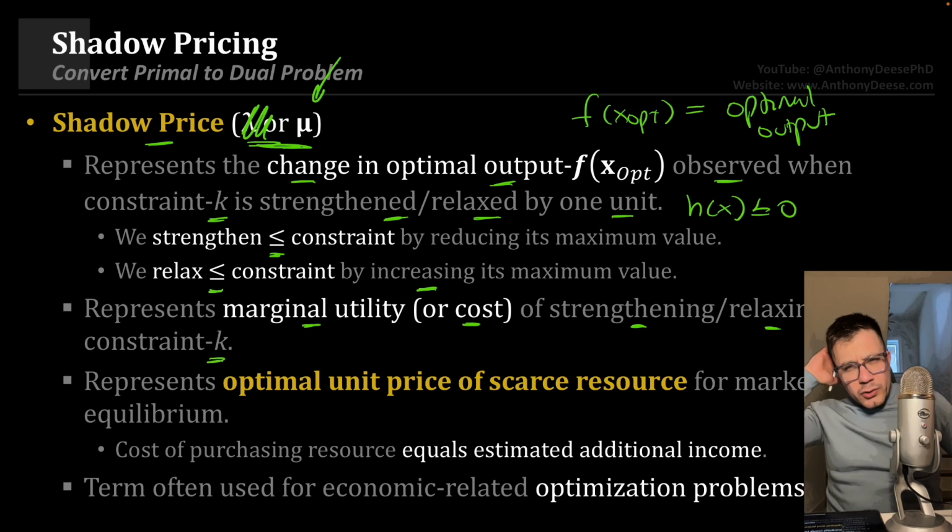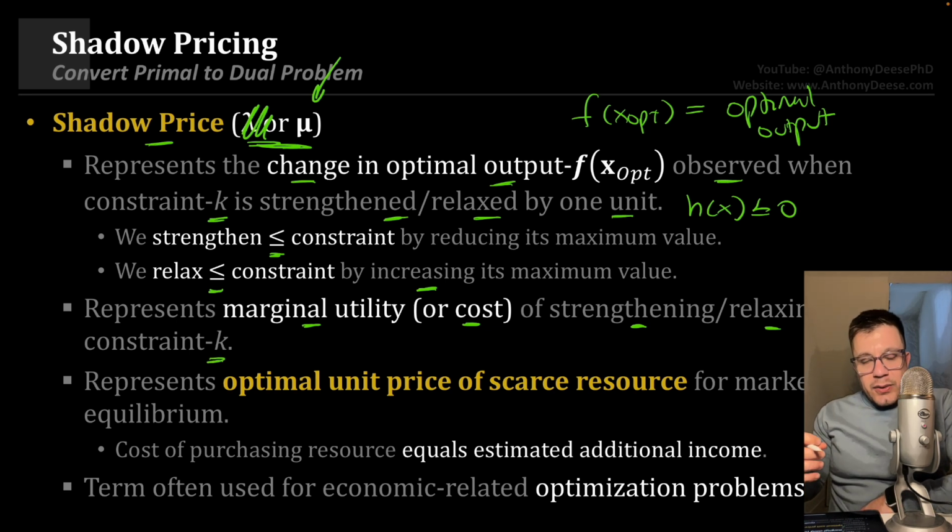As we said one or two modules back, it represents the relationship between optimality and that inequality constraint. It represents the optimal unit price of scarce resources for market equilibrium. Now, this is a really interesting statement, and it's one we're going to talk about at length in that final module. So if you're interested in this statement, keep an eye out for that.